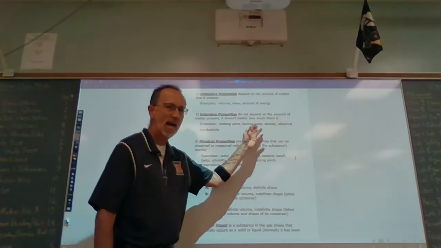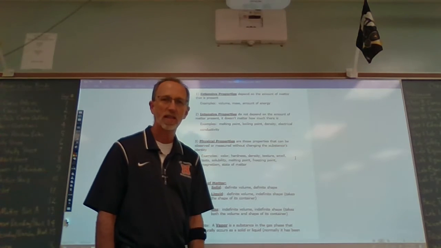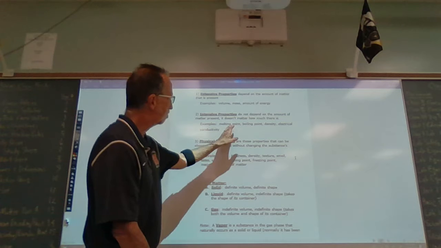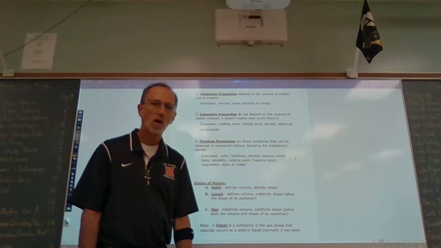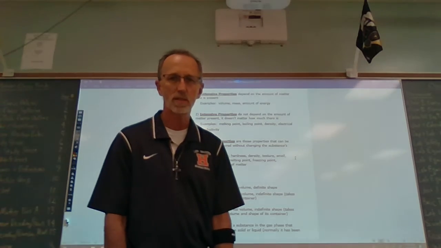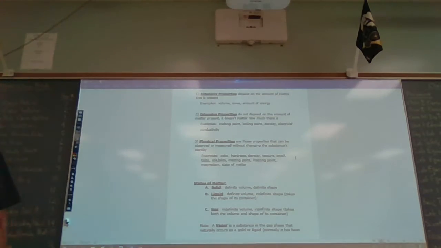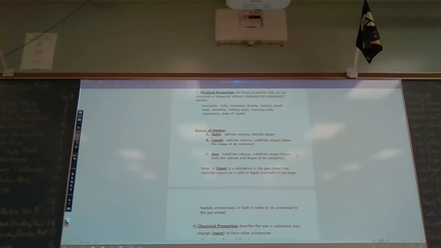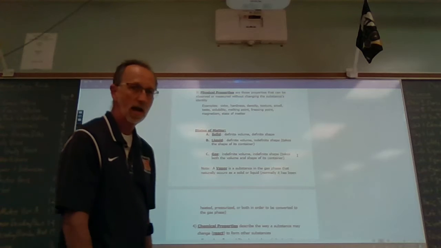If we melt that ice and heat the water, that water will boil at the same temperature, 100 degrees Celsius or 212 Fahrenheit. These properties do not change regardless of the size of the sample. Those are intensive properties. Extensive versus intensive.